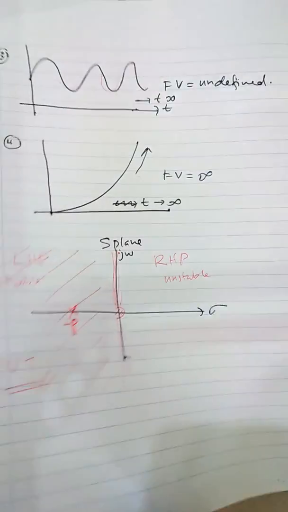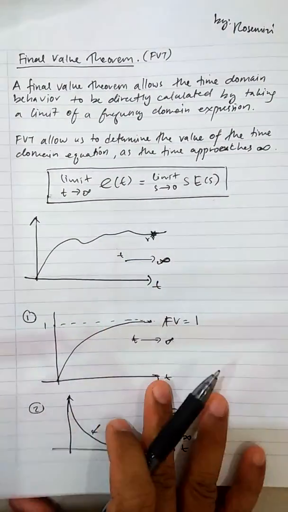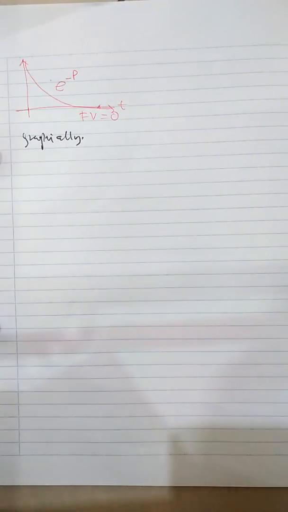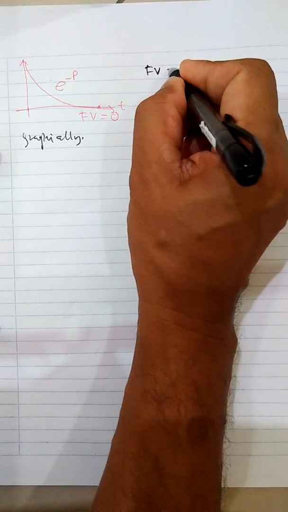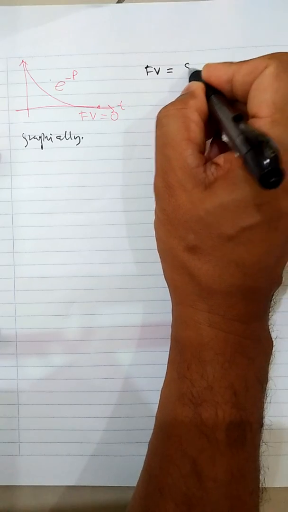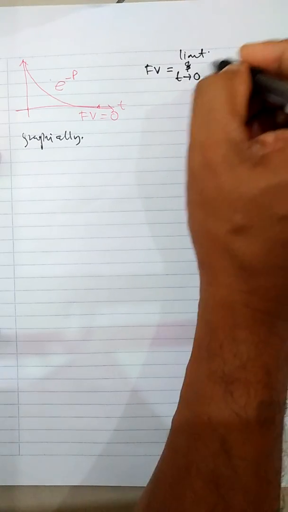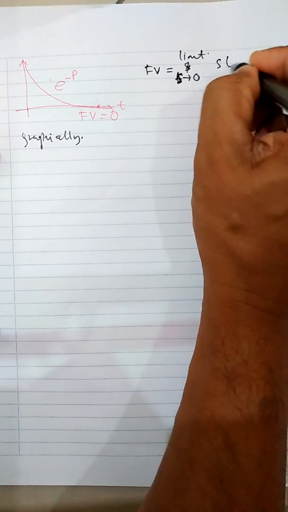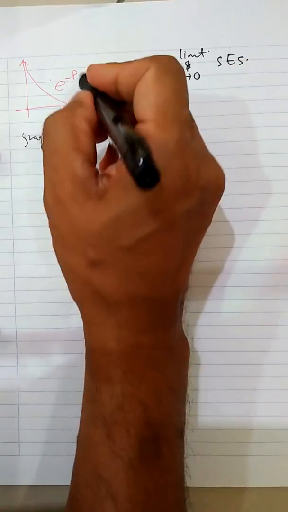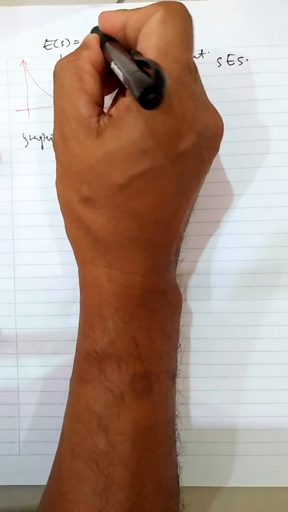We can also use the theorem. We use this theorem to show that the final value is equal to limit s approaching 0 of s times F(s). For this one, we can say that F(s) is equal to 1 over s plus p.